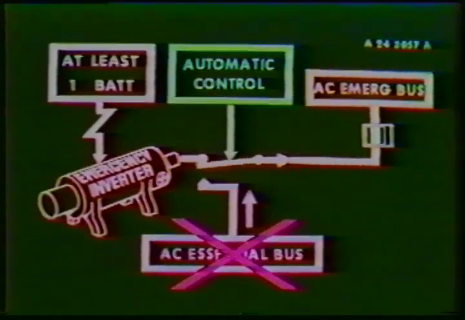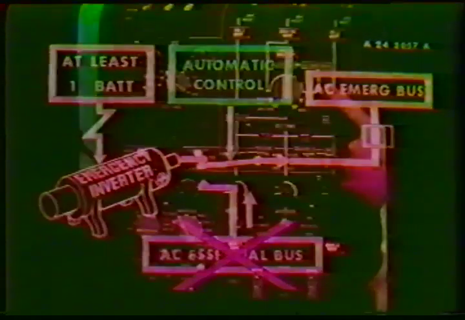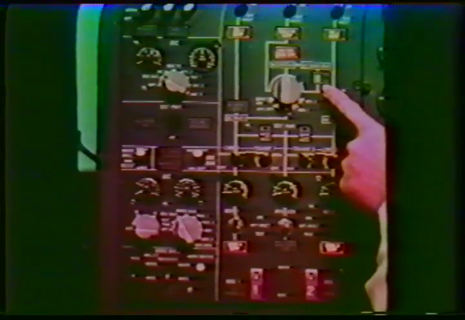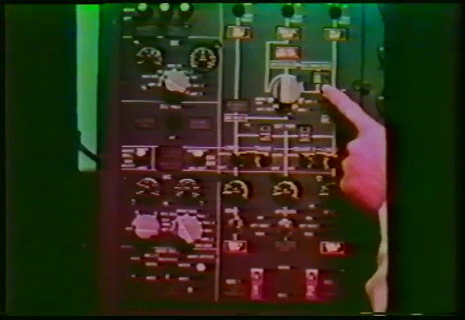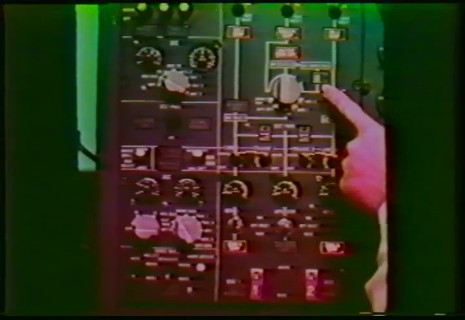This action requires that at least one battery switch be on. A magnetic indicator between the AC emergency bus and the emergency inverter will reposition itself in line to show the emergency inverter operation.